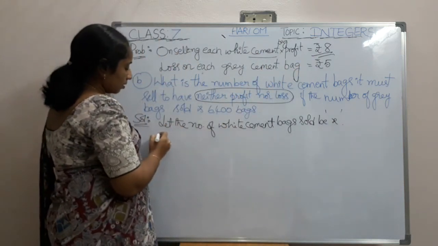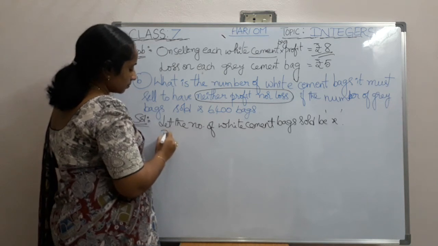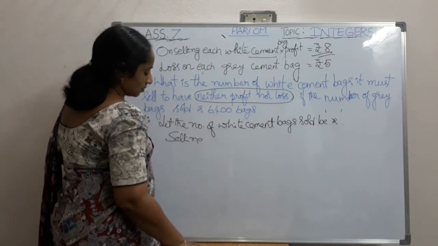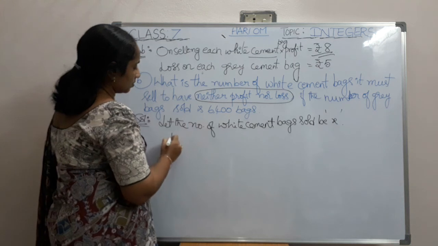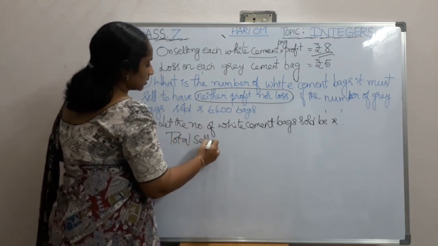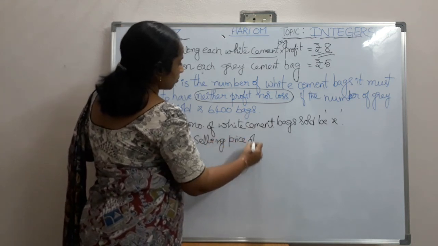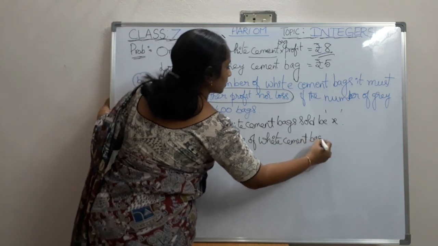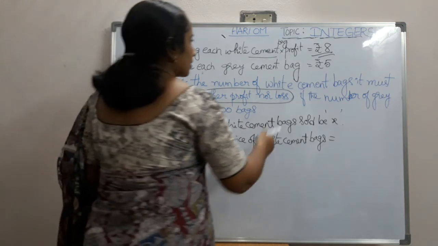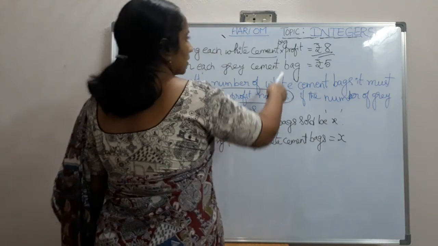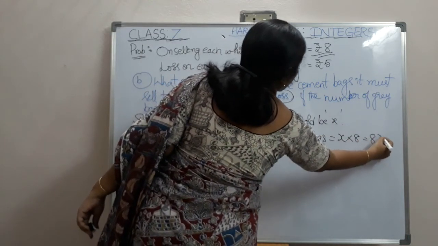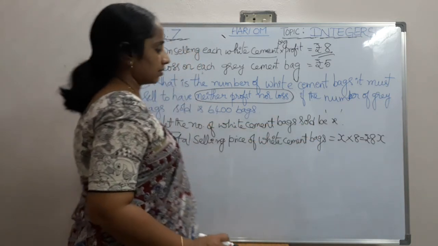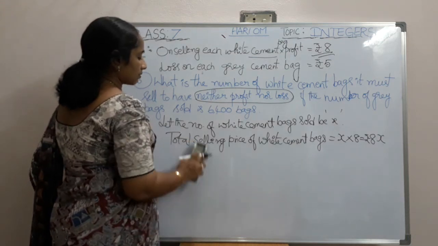So total profit on white cement bags is equal to x number of bags with a profit of 8 rupees each, that is 8x rupees.